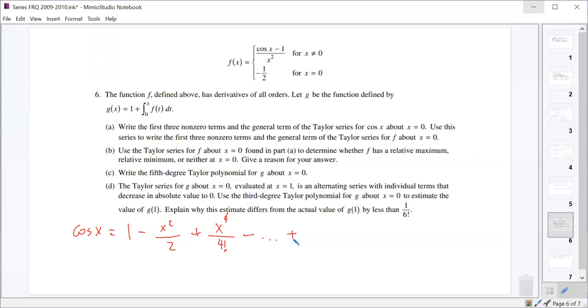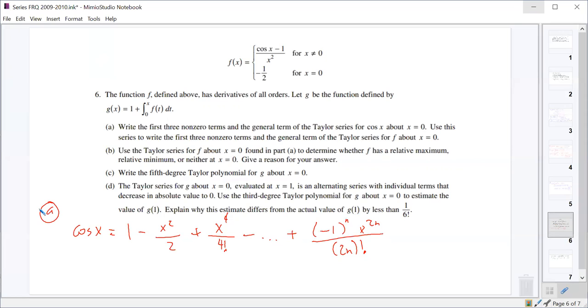And our general term should be what? Negative 1 to the n, x to the 2n over the quantity 2n factorial. So I should write this is for part A.